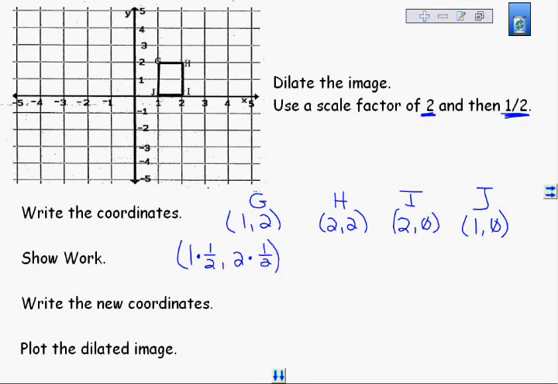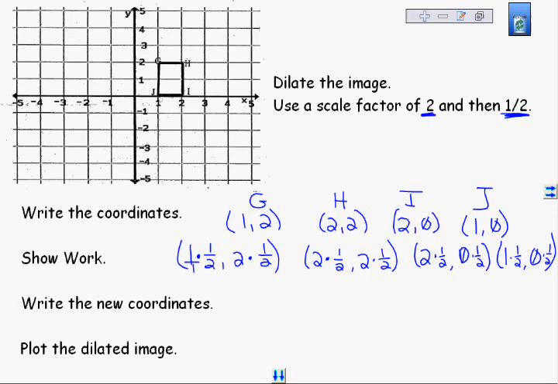What's the equivalent decimal for half? 0.5. So you can also multiply these by 0.5. One times half, 2 times half, 2 times half, 1 times half. Now I'm going to do my work.